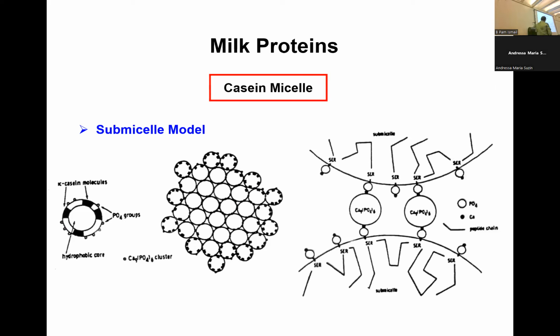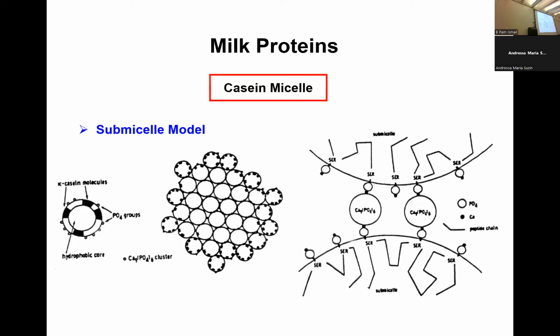Here is a bigger visual where you see that the serine residues of your caseins are phosphorylated, and then they form clusters of calcium phosphate, and link to adjacent casein proteins, and they form this bridge.